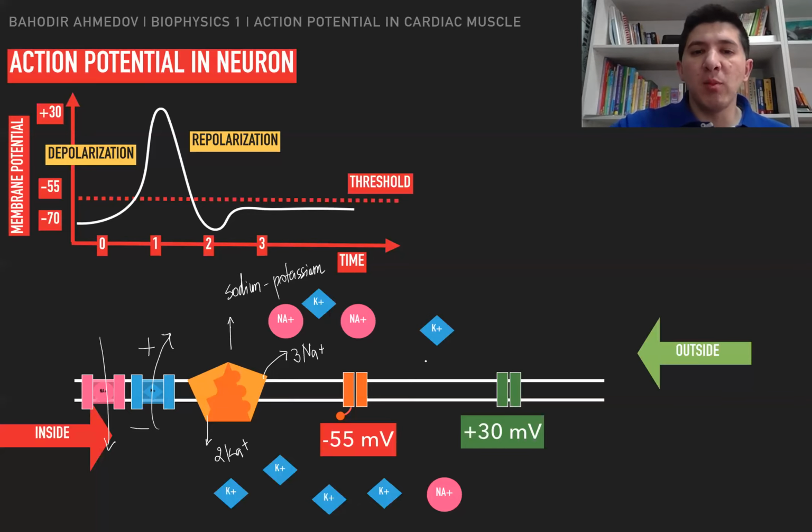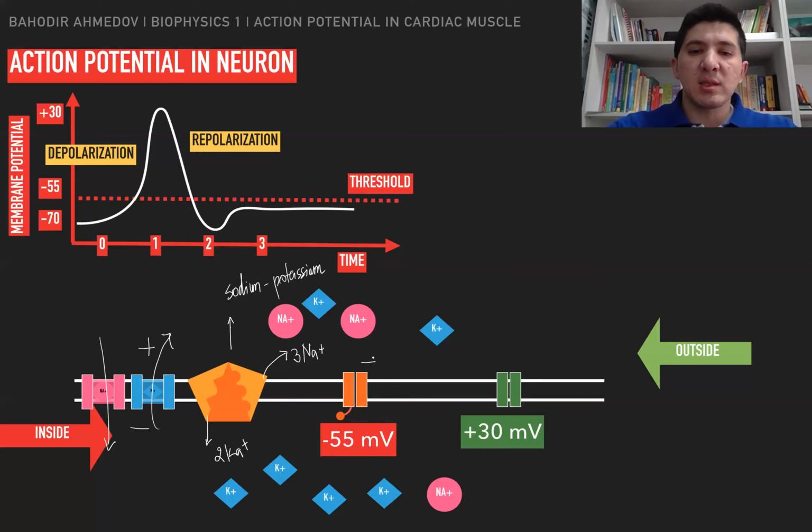There are 2 more channels which are really important. They are called the voltage gated channels. Basically, they depend on the voltage of the membrane potential inside the cell. So if the membrane potential value becomes -55 millivolts inside the cell, the voltage gated sodium channel is going to be opened.